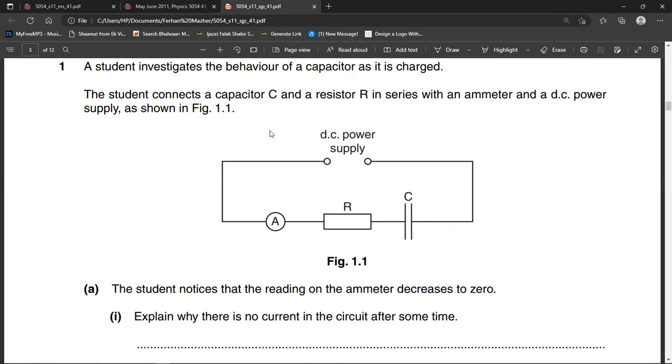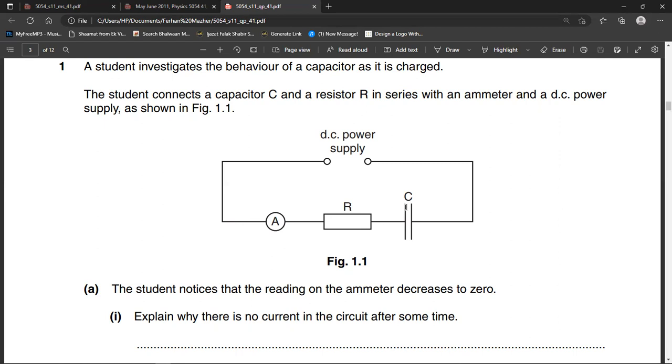The charge from this terminal of the battery and the charge from this terminal of the battery will start accumulating on these two plates. As the charge builds up on these two plates, the potential difference between them will increase. At the start, the potential difference between these plates will be 0.